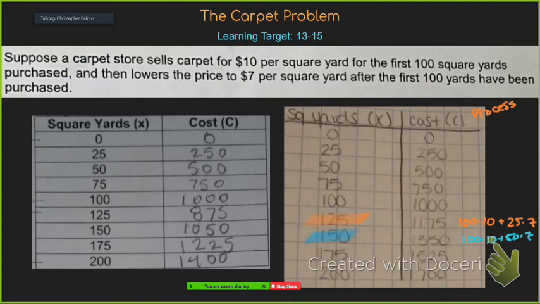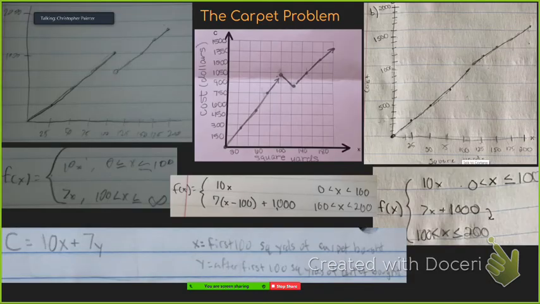Specifically, where am I getting the 25? And in this way, we can start to see what Drew just talked to us about. That's why we're subtracting that 100. It gets rid of the first 100 yards. Questions here?